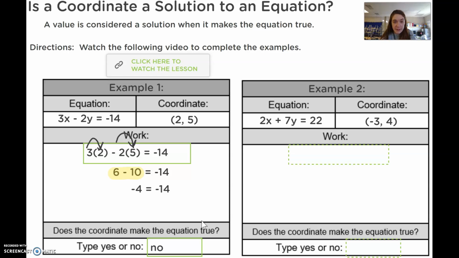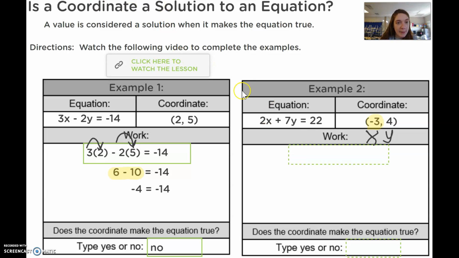All right, let's continue with example 2. First thing, I'm going to identify the x value and the y value. The x value is this first number, so let me label that x, and our y value is the 4. It's because coordinates are always x and then y.